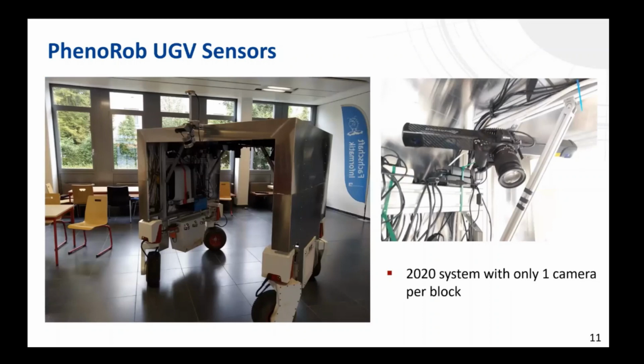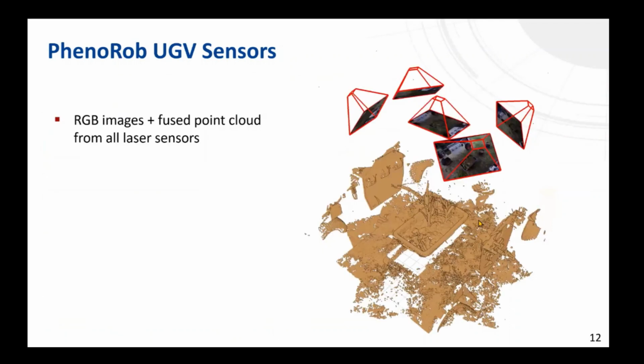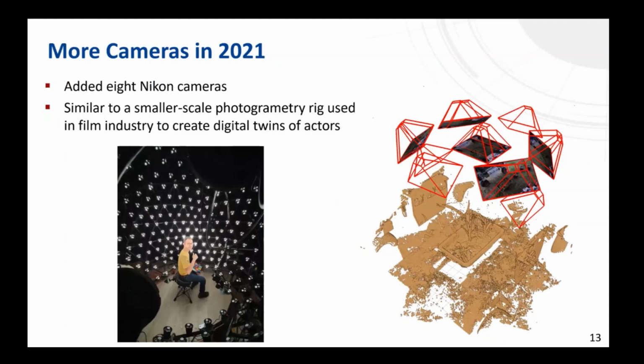At this point, we had only 1 camera combined with the 3D sensor. And we can capture point clouds and high-resolution images from multiple viewpoints. And then if we know the viewpoint and the camera calibration, we can fuse it.